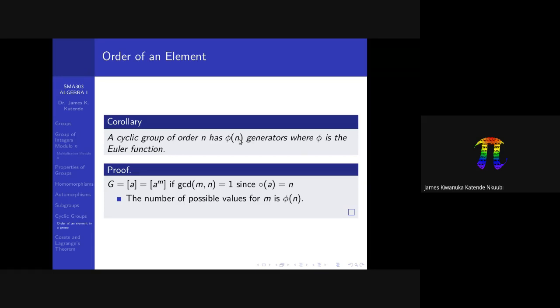How many are those? Anybody? If n is equal to 4, what is the value of this function at 4? 2, because we have only 1 and 3 as the integers which are co-prime to n. So we just count those, there are only 2 of them. What about if n is equal to 7?